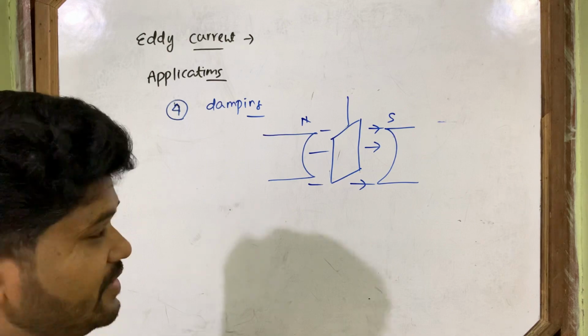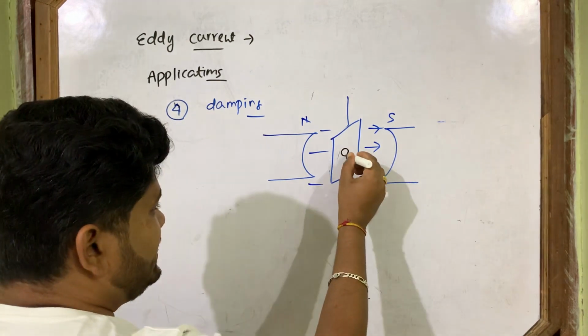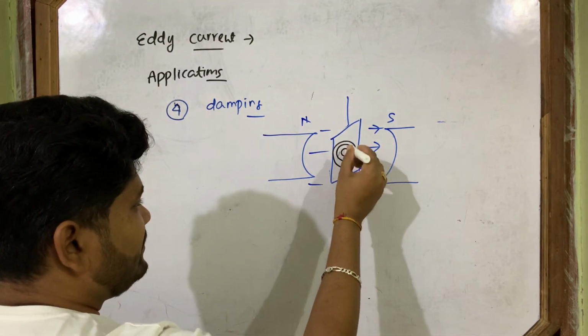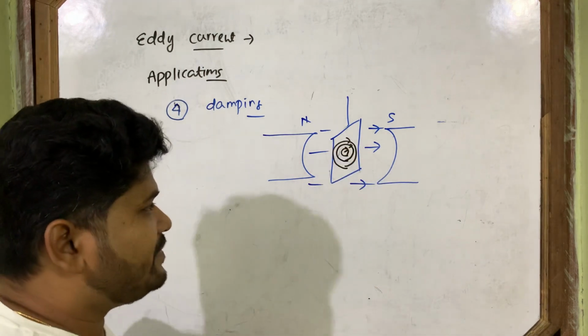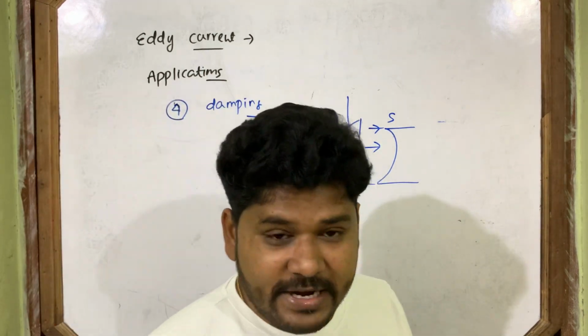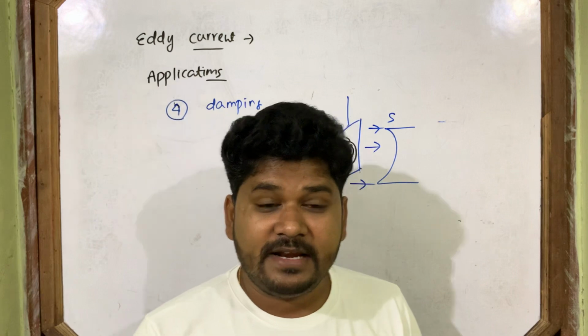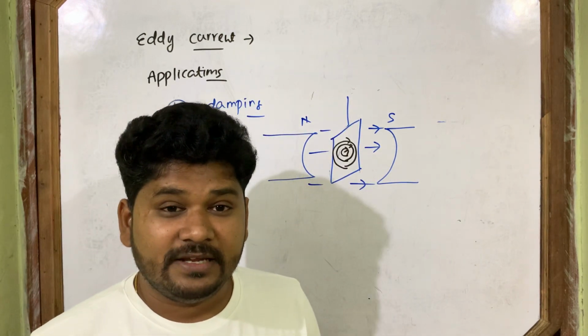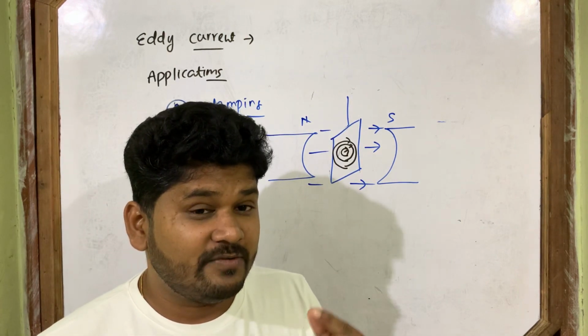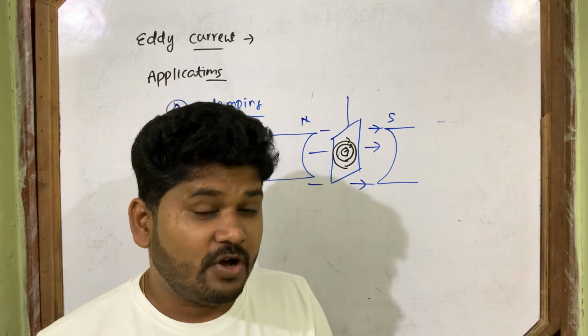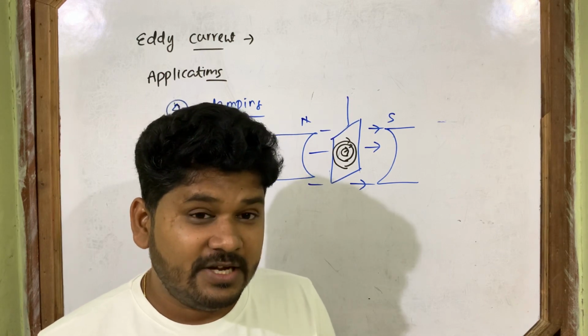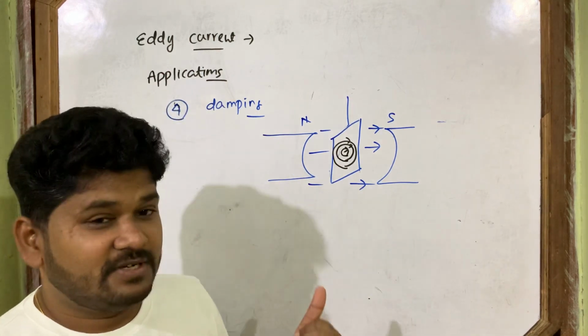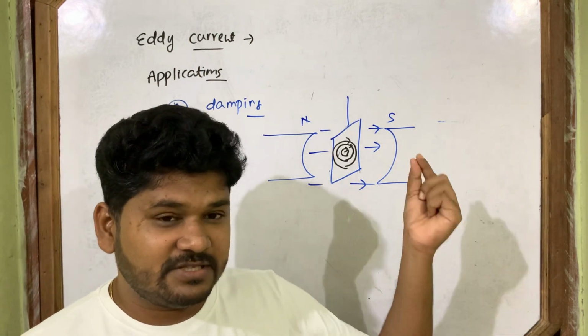When you oscillate the copper plate, eddy current forms in the copper plate. When eddy current forms in the copper plate, according to Lenz's law, it will oppose the cause. What is the cause? The cause is the oscillation of this copper plate.